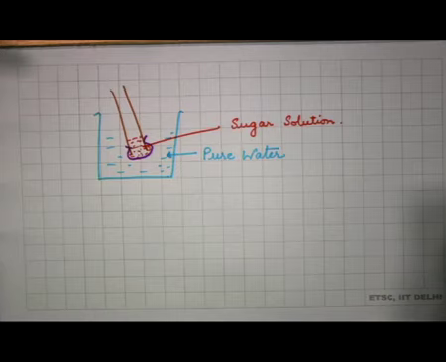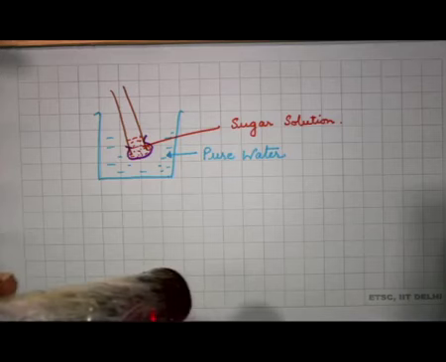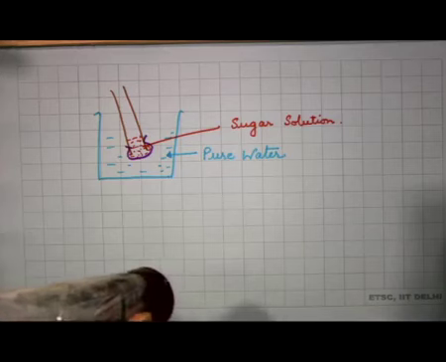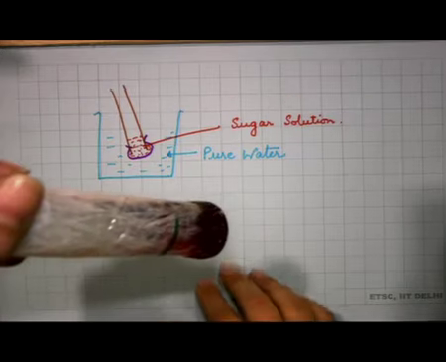Only some time has passed and we can see that the amount of water has already increased. In this test tube, it is well above the green mark. Can you see it here?